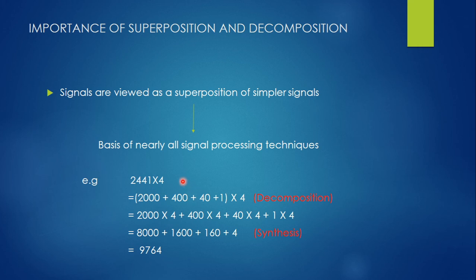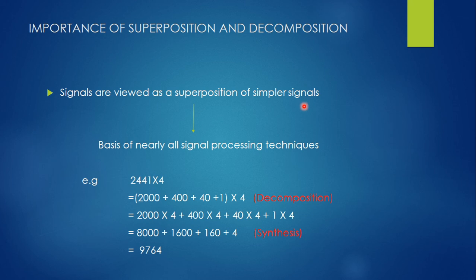So we are getting the same output by breaking this complex, difficult signal into simpler signals. That is the decomposition. Then doing the operations and then doing the reverse of that. That is the synthesis and get the output. So this is the principle of almost all the signal processing techniques.